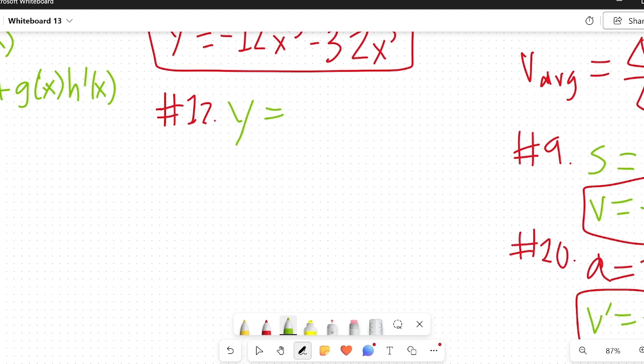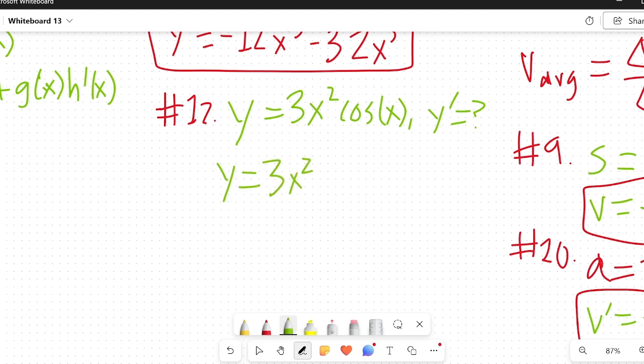Let's try to find the derivative if y is equal to 3x squared cosine x. What is y prime? So the first thing to do is split y into 3x squared multiplied by cosine of x.